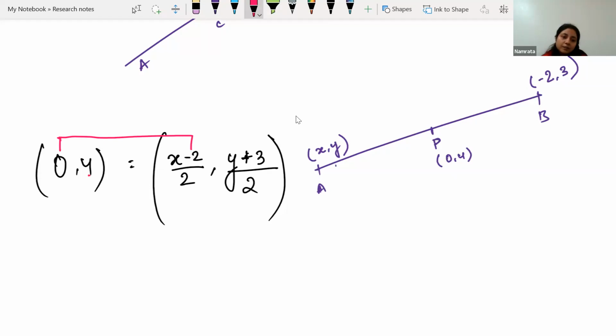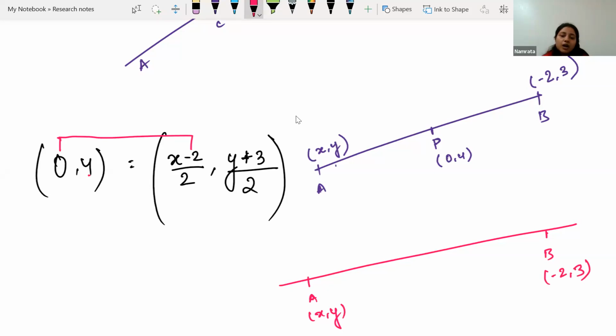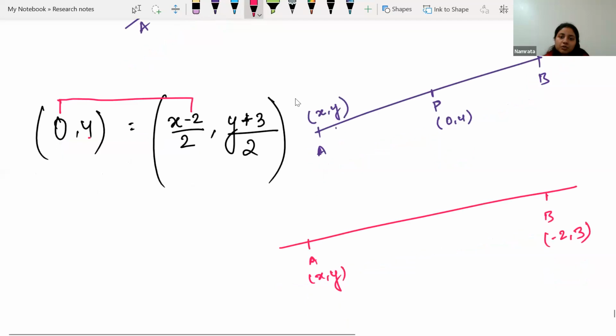Ma'am, can you explain the 0, comma 4 is equal to x minus 2? Like, how come 0, comma 4? Okay, so when we have a straight line AB, and the coordinates are, let's say, x comma y, and minus 2 comma 3, how will we find the midpoint? Forget about the previous case.